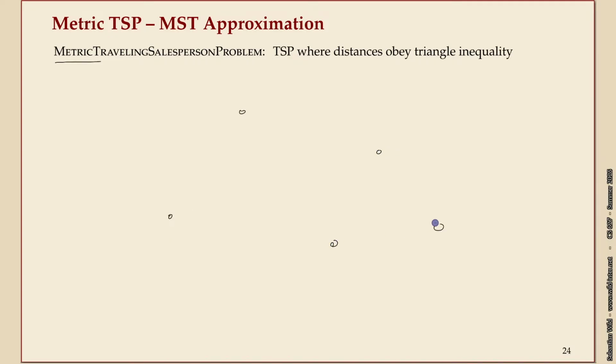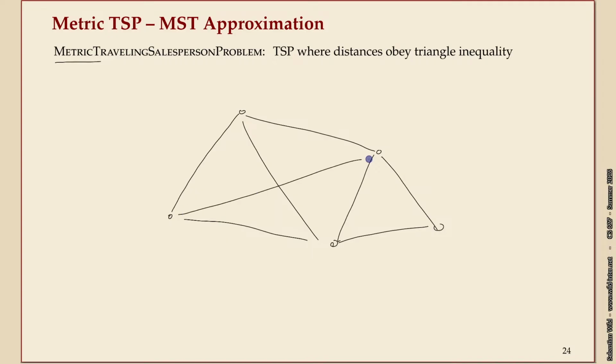And here, I'm just going to do an even more restricted special case, which is the Euclidean traveling salesperson problem, where the distances are the Euclidean distances of points in the plane. Now, of course, it's a complete graph, right? You always have all distances. So it gets a bit messy to draw.